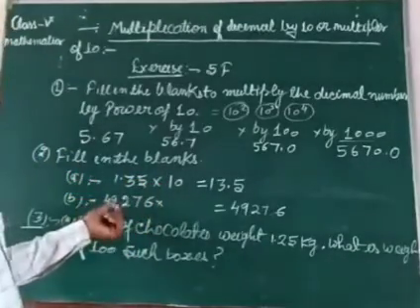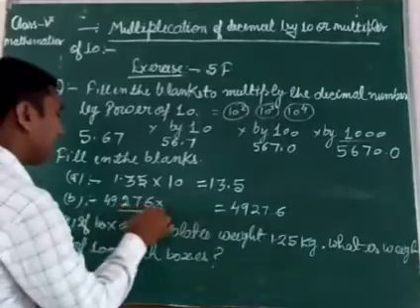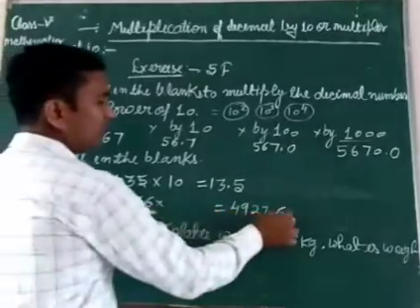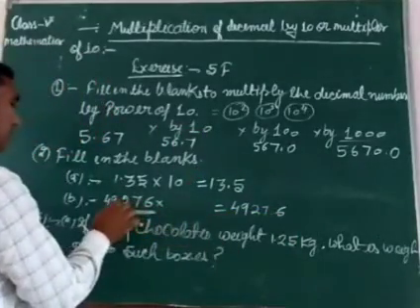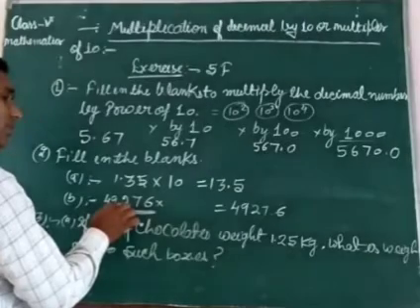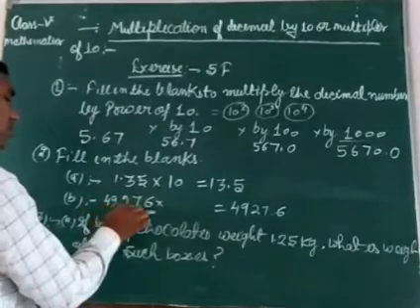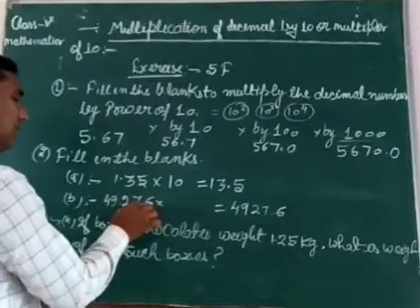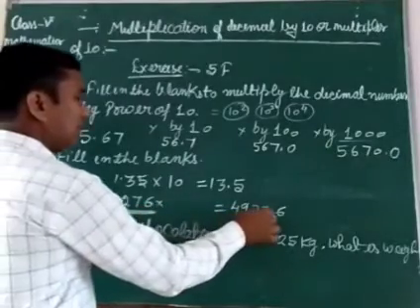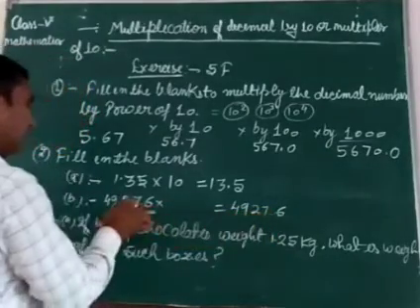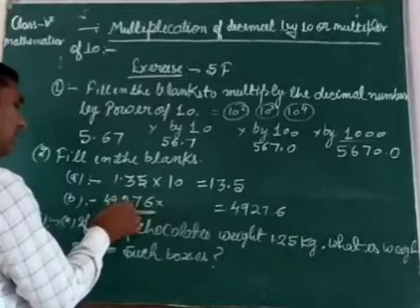In the second number, the decimal is at 3 places here. Now it is moved 1 place, 2 places, here after 7 and here before 2.